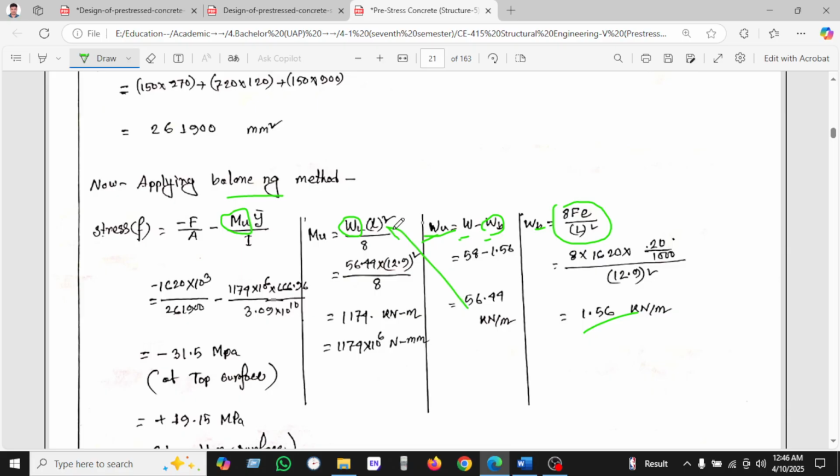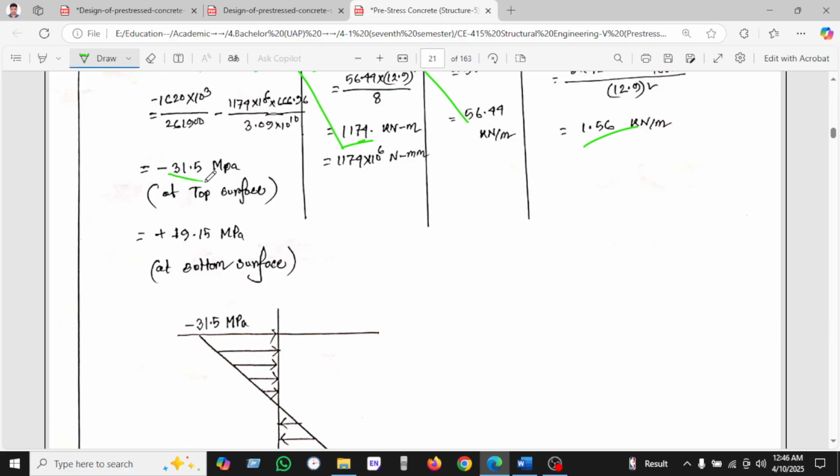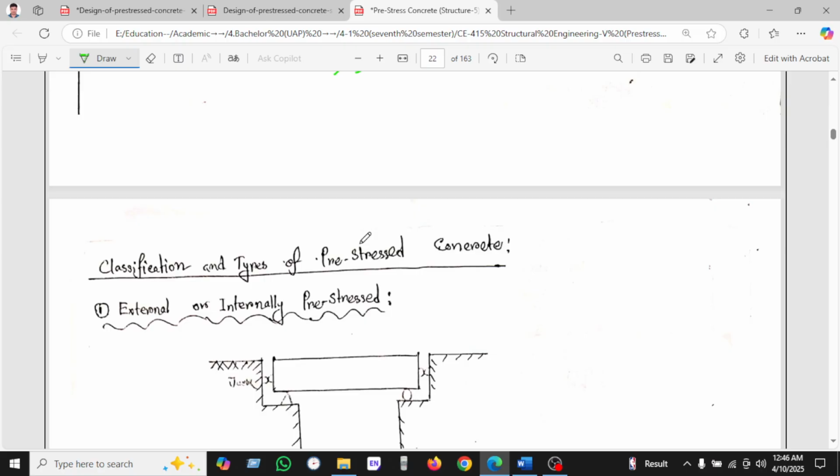Putting W L squared by 8 as a simple support, we find the value for ultimate moment, and putting this value here as stress, force per area minus M y by I, we found minus 30, 31.5 at the top and 19.5 at the bottom for the I section.